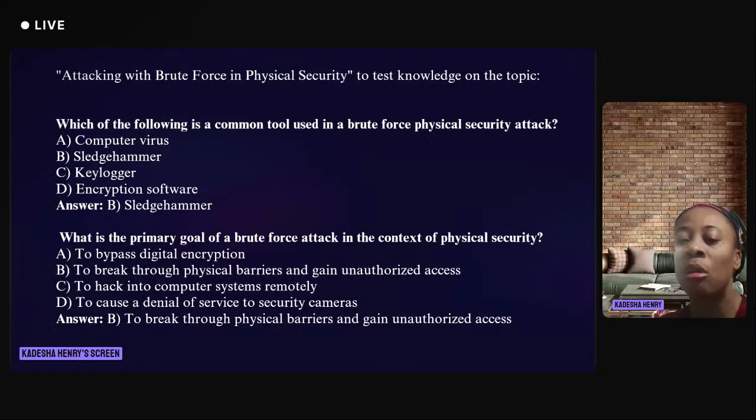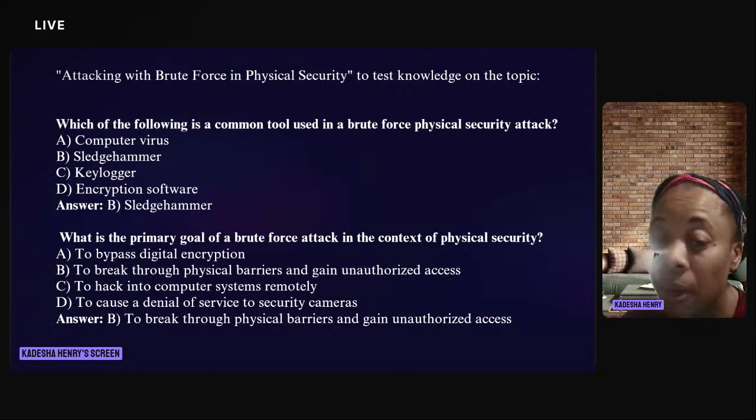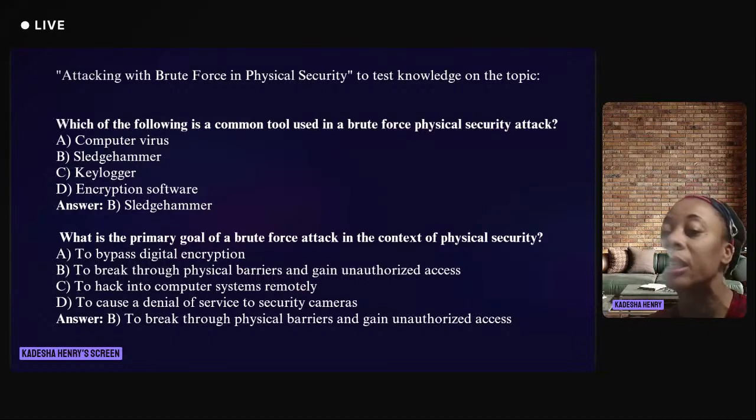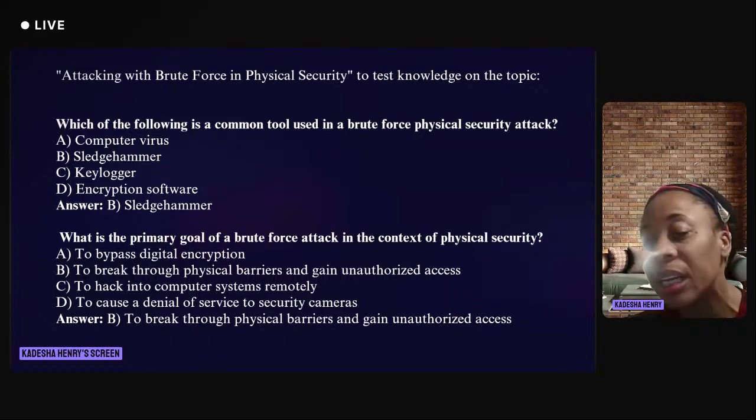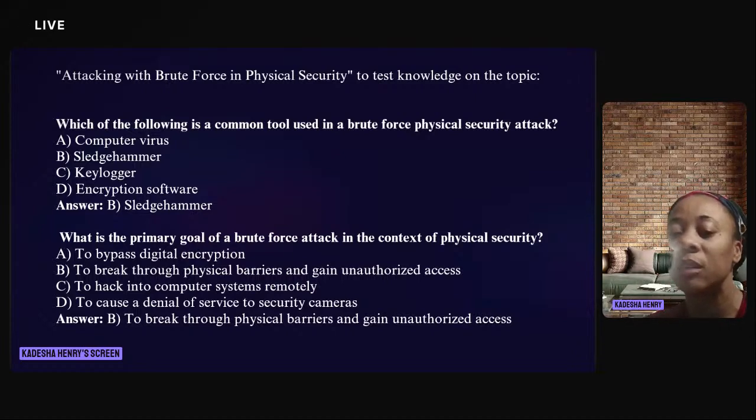What is the primary goal of a brute force attack in the context of physical security? To bypass digital encryption, to break through physical barriers and gain unauthorized access, to hack into the computer system remotely, or to cause denial of service to security cameras?